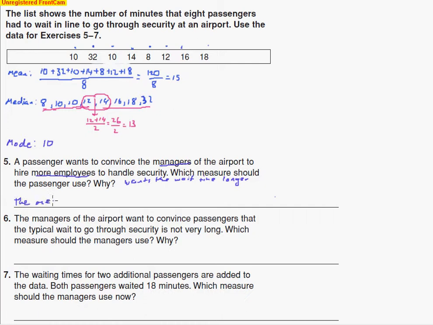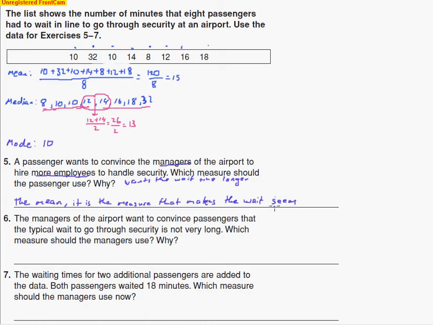And the reason why the mean, again, is kind of what we stated before, because it is the measure that makes the wait seem, and again, I'm going to emphasize seem because that's all it is.